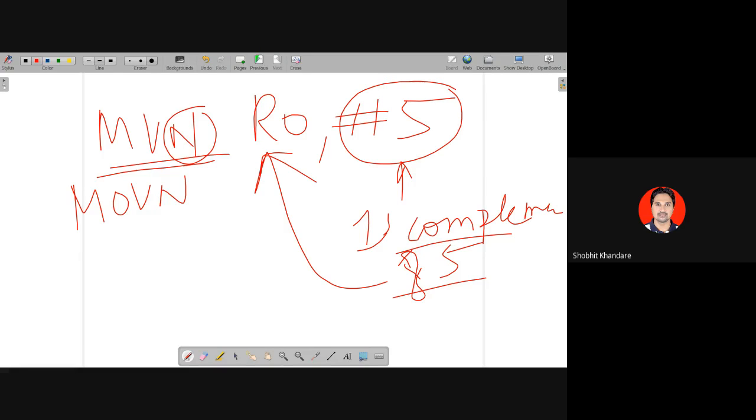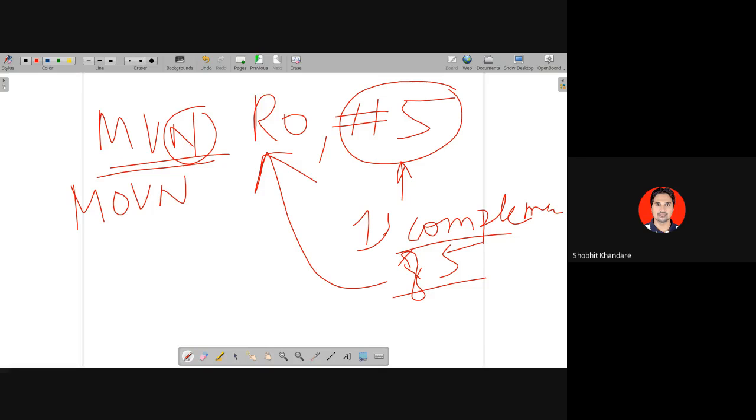Now this is also important, you have to underline this sentence. The 2's complement representation of -1 will be loaded into a register is to logically invert 0.